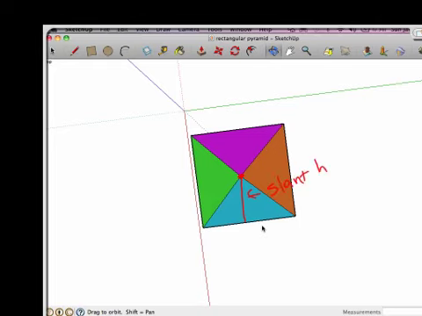Slant height. And these sides, we would call those the lateral faces. So that's the lateral face. I want to make sure you understand that.